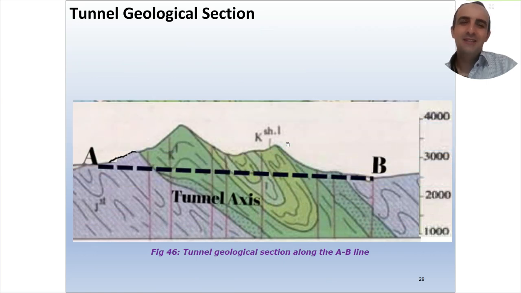And now we can see the geology beneath the tunnel path. In fact, it starts with JSL and goes to Kado, and after that KL and KSHL and L, and again this scenario is repeated and goes to B point.